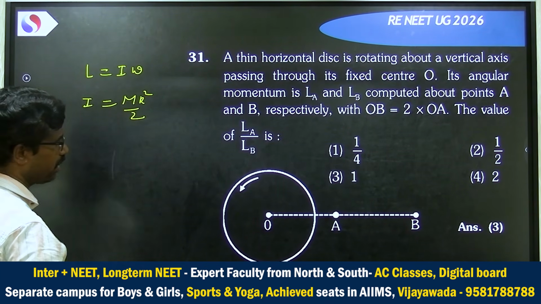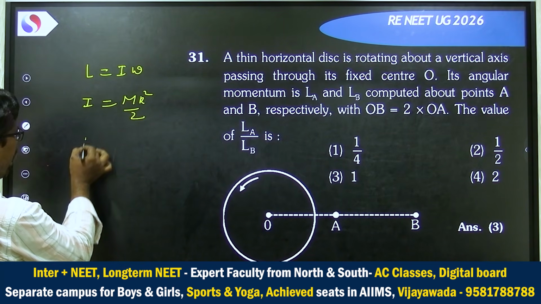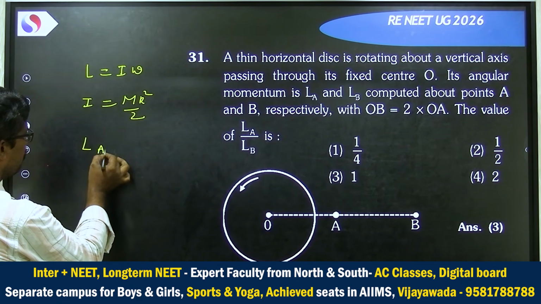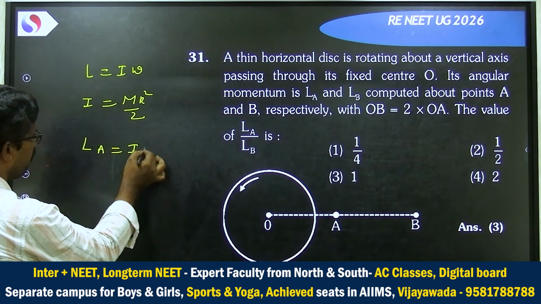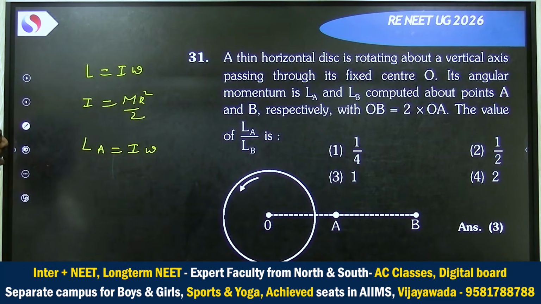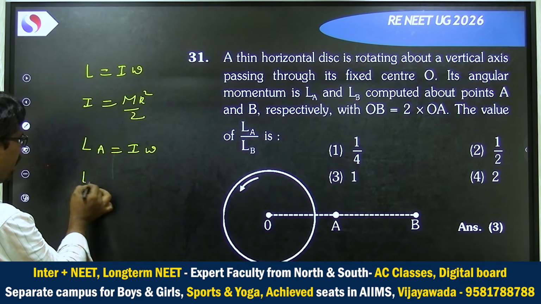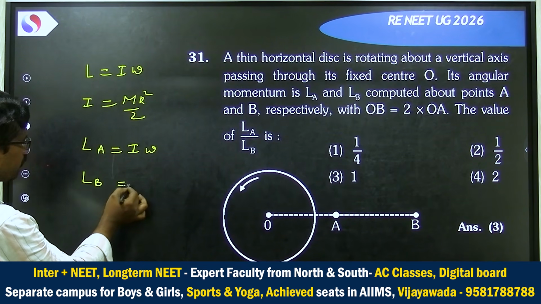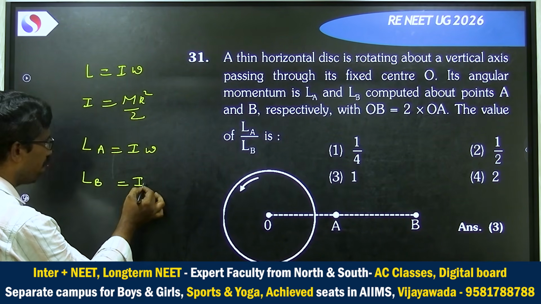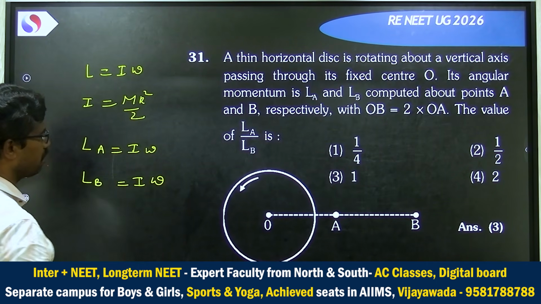Here the axis of rotation does not change. That's why angular momentum of A is equal to I omega. Here moment of inertia is constant and angular velocity is constant. Similarly, with respect to reference point B, the moment of inertia is I and the angular velocity is omega.